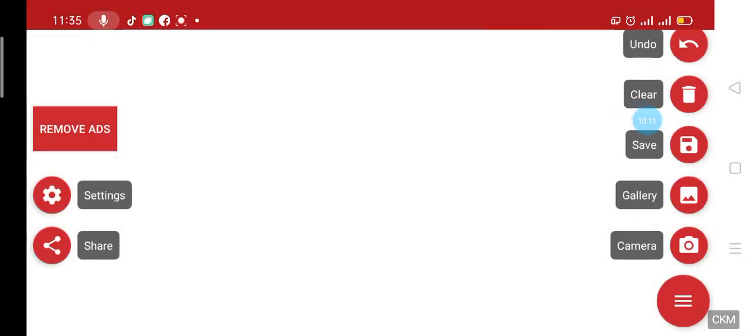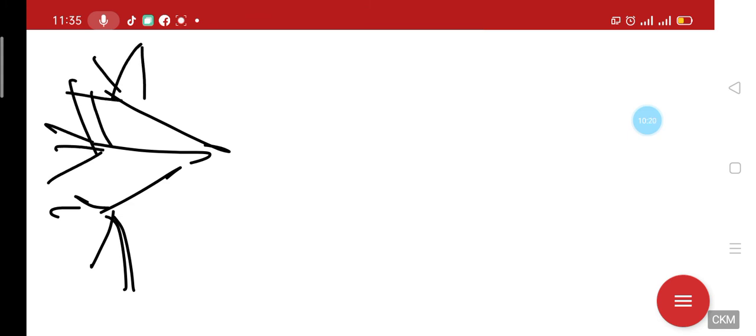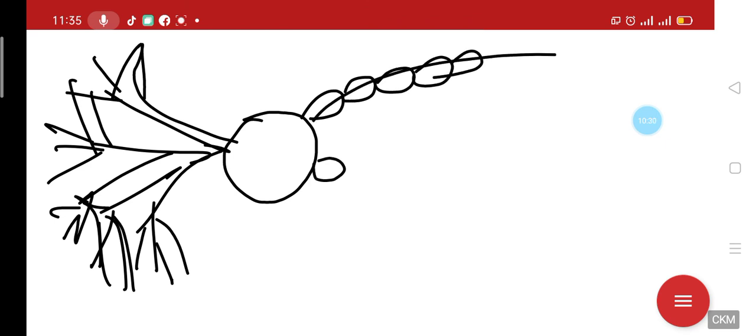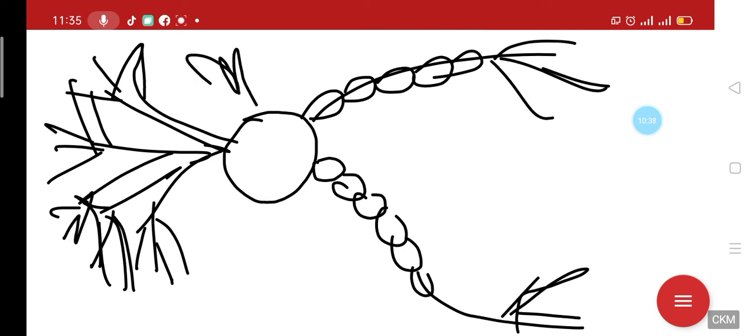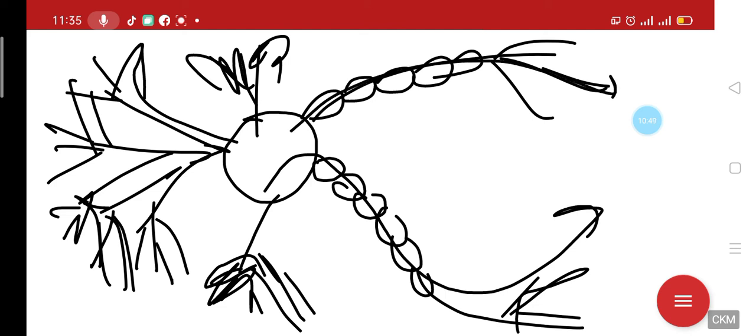On the basis of this, it has many dendrites. This kind of nerve cell has many dendrites and many axons, because it is receiving the message from the sensory neuron, interpreting it, stimulating the nerve, and sending the message towards the motor neuron.